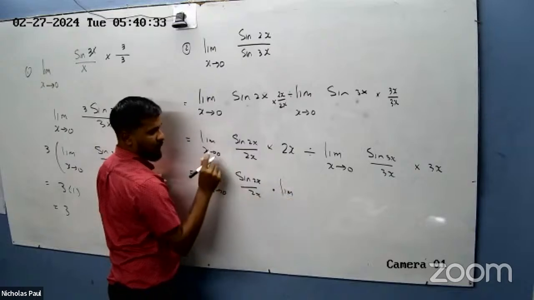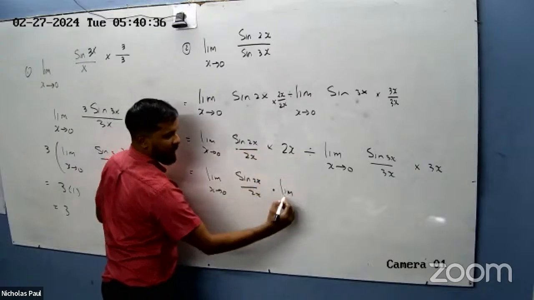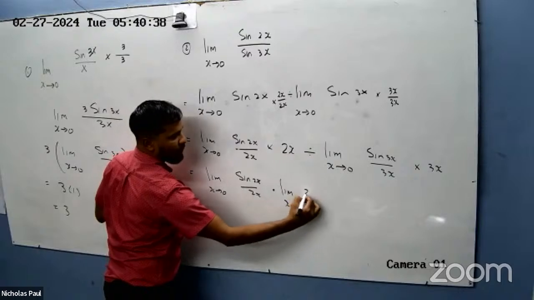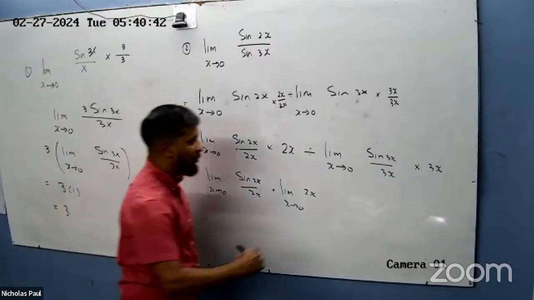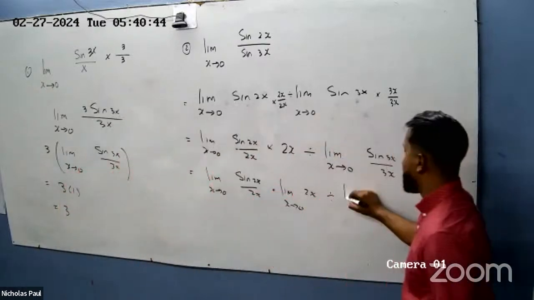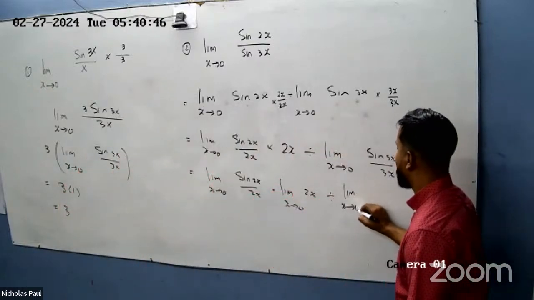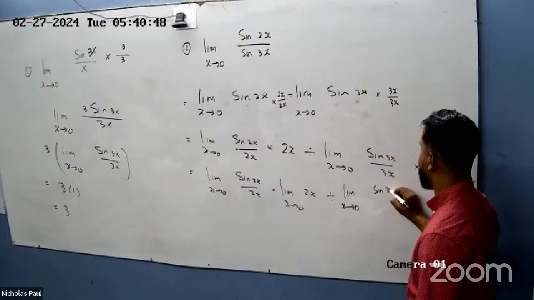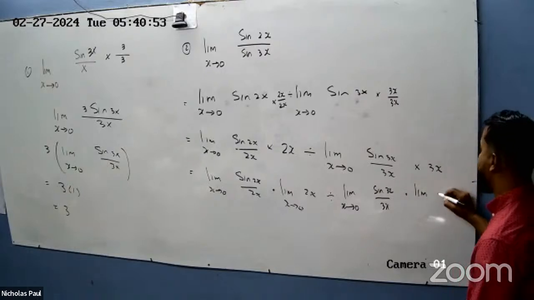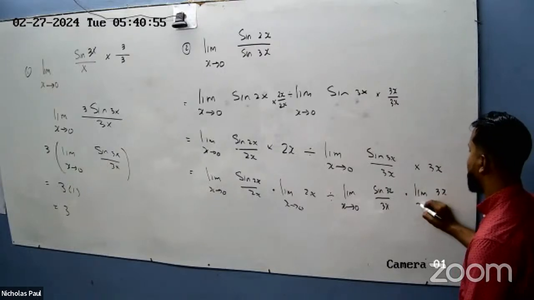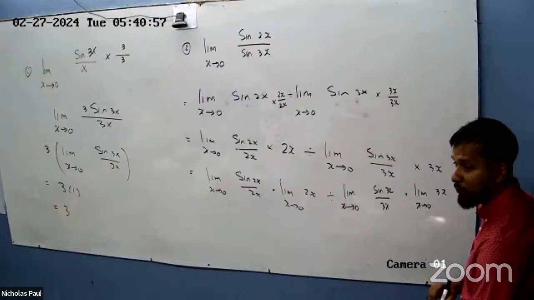Limit, so it's this by this by this. As x approaches 0 of 2x. You okay with that? I'm going to do the same thing here. Limit as x approaches 0 of sine 3x on 3x multiplied by the limit of 3x as x approaches 0.